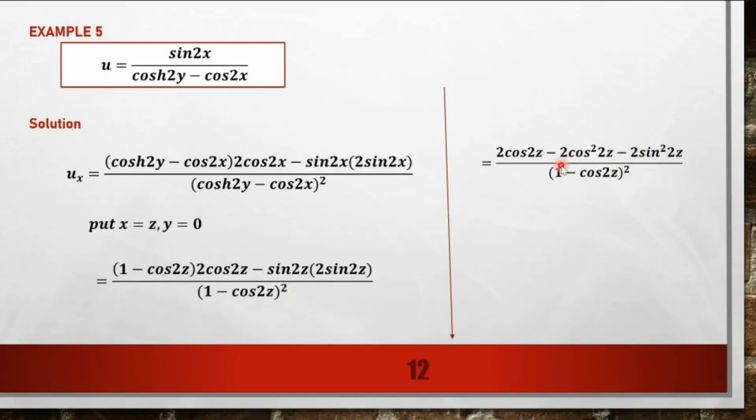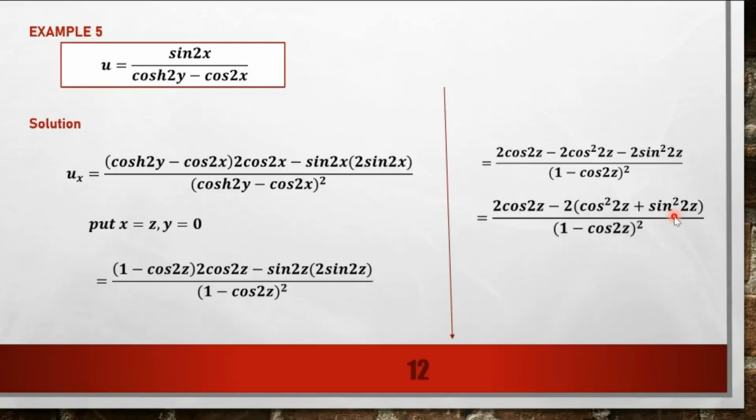अभी I can, now this is minus 2 is common here. So if I take minus 2 common, I can write this as cos square 2z plus sin square 2z with 2 cos 2z same. ठीक है? So from the second term and third term, I am taking minus 2 common, so it will reduce to cos square 2z plus sin square 2z. Why we are doing? Because we know cos square plus sin square is equal to 1.